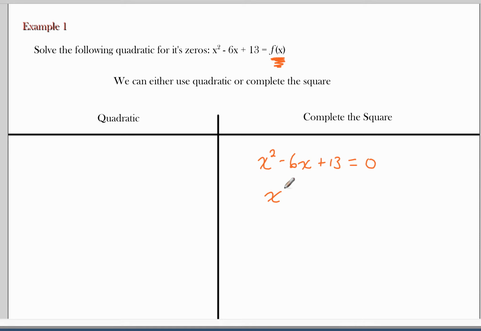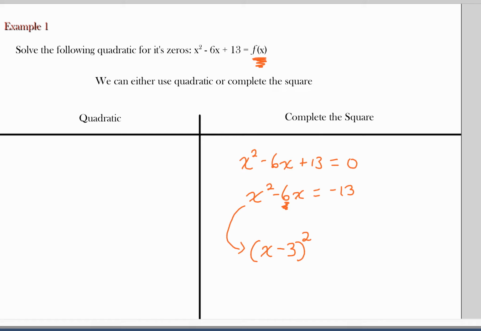I'm going to go forward with completing the square, which means I get the x's alone by moving the constant over to the right side. I now take half the b value, and hopefully by completing the square, you can do a lot of short steps right now. I know that this is going to be x minus 3, quantity squared, because half of negative 6 is negative 3.